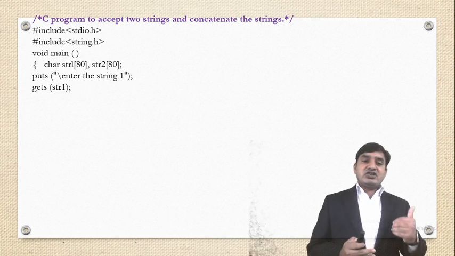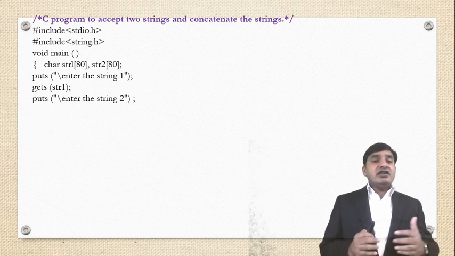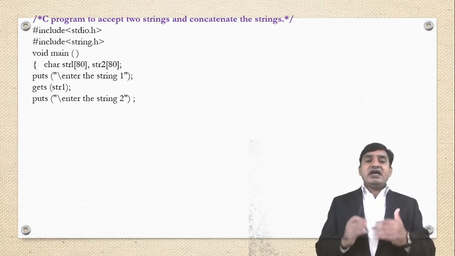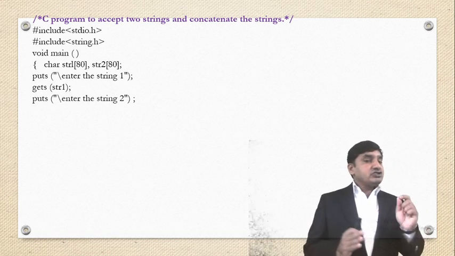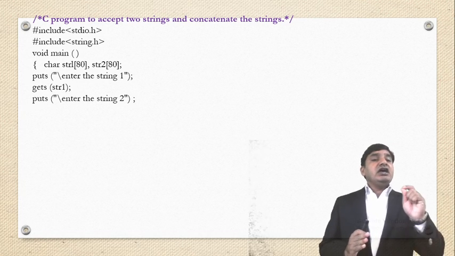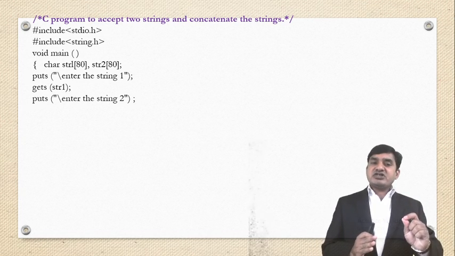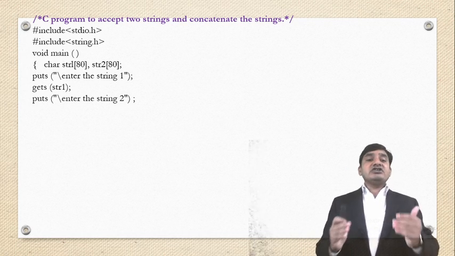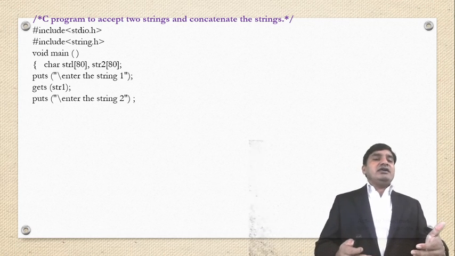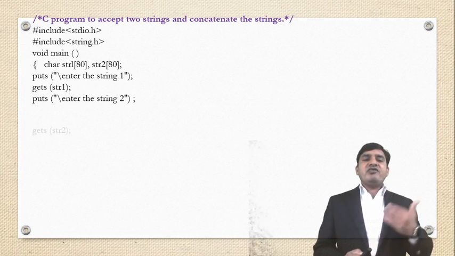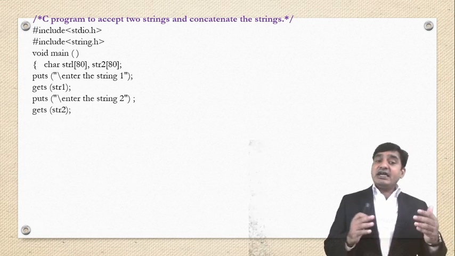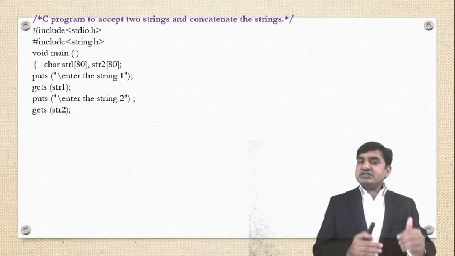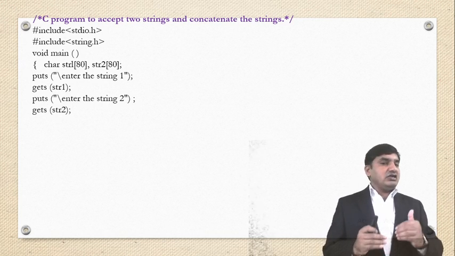Next we have to display the second message on a screen, that is enter string 2. For that we use the output function, puts function. Now we have to enter the string 2 by using input function, so we use gets function, gets str2. By using this function we enter the string 2.